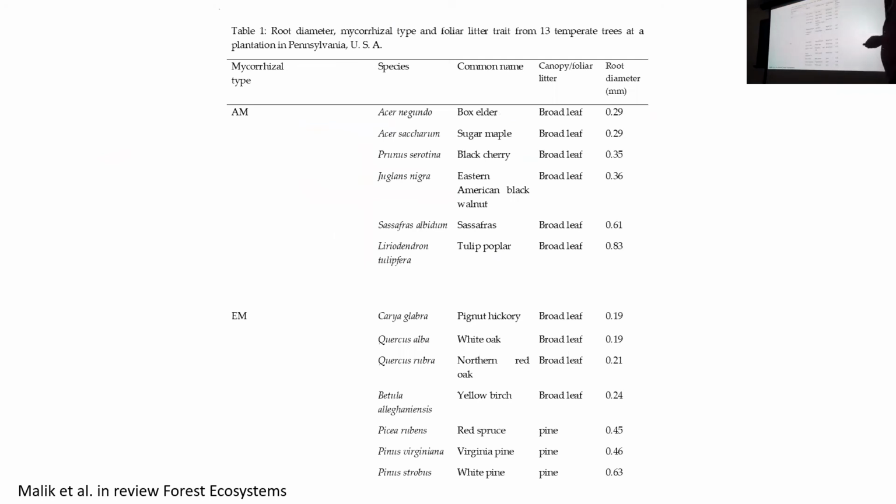So here were the 13 species that were used in the study. Altogether, there were about 28 observations for arbuscular mycorrhizal trees. This is wood that's decomposing within the root zone under these trees.